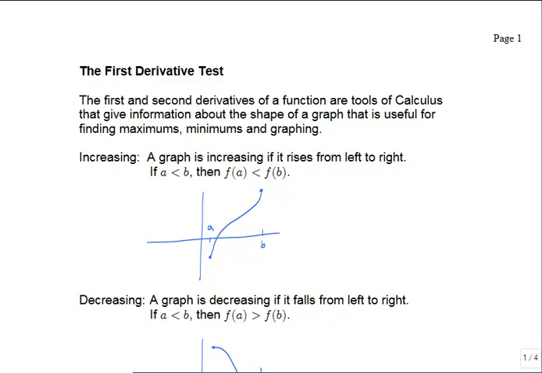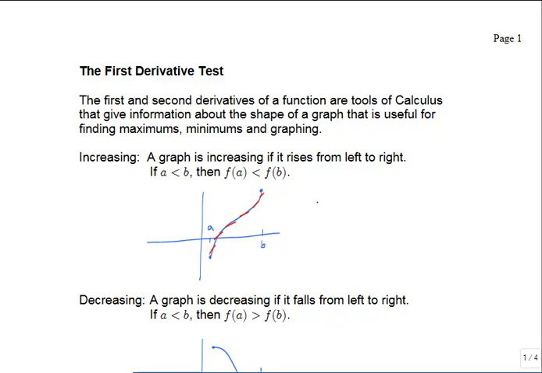So let's start by talking about the definition of an increasing function. Increasing means that a graph rises from left to right. If A is less than B, then f of A needs to be less than f of B. So that would mean if A is to the left of B, then f of A needs to be lower than f of B. Now notice, if we were to sketch in all of these little tiny tangent lines, every single tangent line there slants up to the right, which means it has a positive slope.